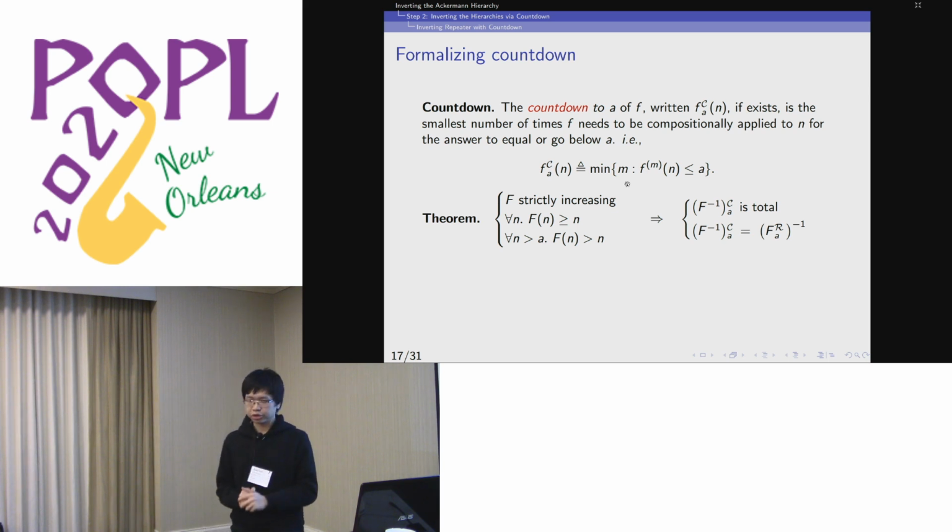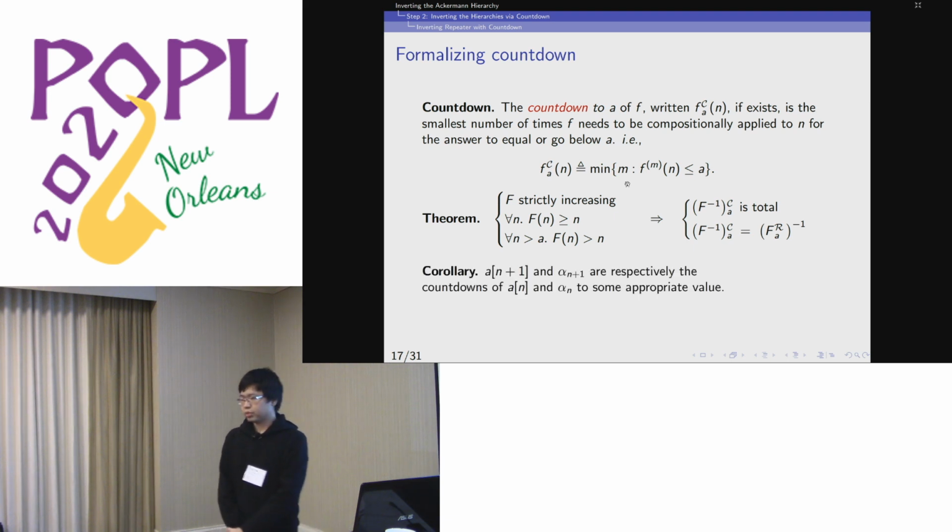And it's also the same thing as the inverse of the repeater of f. So from this, we know that all the functions in the hyperoperation and the Ackermann hierarchies satisfy these three conditions. So we can talk about the countdown of the inverse. And we know that the next level of the inverse tower can be built with countdown from the previous level.